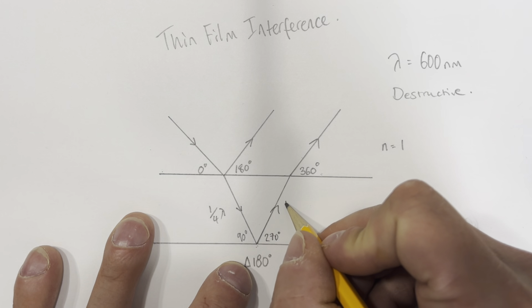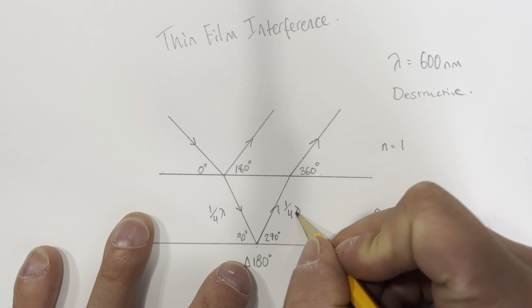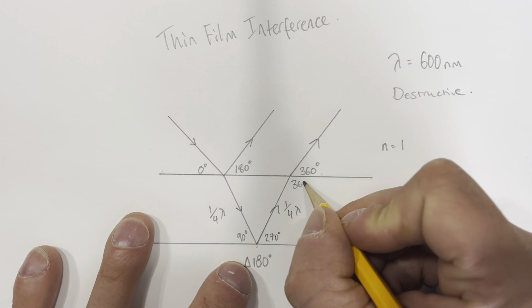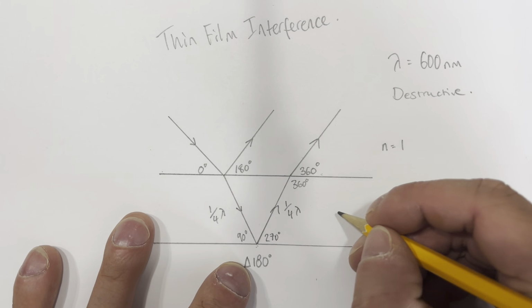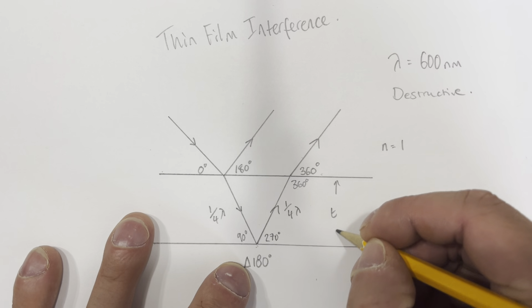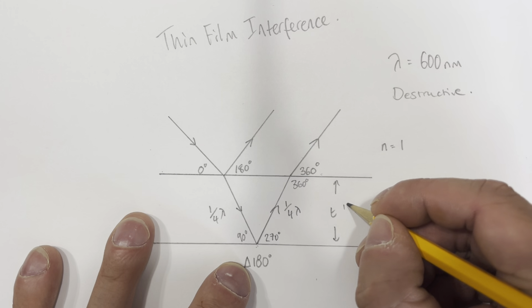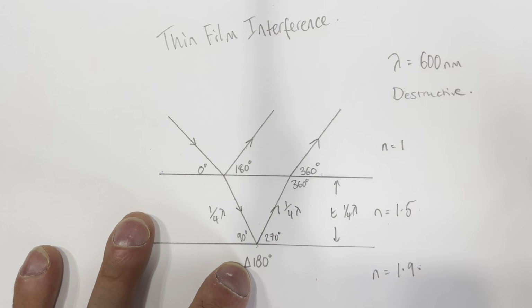And then I can have another 1/4 of a wavelength to get back to the 360 degrees that I need. In this case, my thickness is going to be 1/4 of the wavelength.